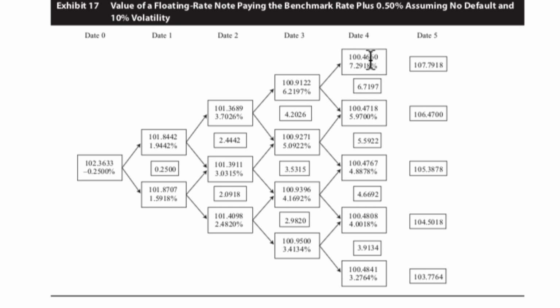When we get to date 4, though, we've got a bit of a problem because there's a probability of arriving at this cell, and this cell, and this cell, and we've already seen that. But this interest rate is associated with this cell over here. So the probability of having this interest rate is associated with the probability we observe here, not the probability we observe up here. The value in this cell depends on the probability of landing in this cell.